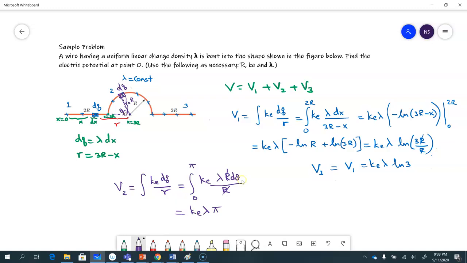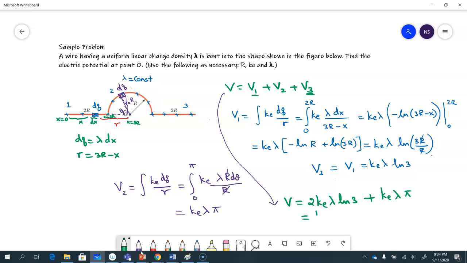So now I have V1, V3, and V2. I just have to add them up to get the total V. Substituting all of this in, V1 and V3 are the same, so it's 2 times ke lambda times natural log of 3, plus ke times lambda pi.